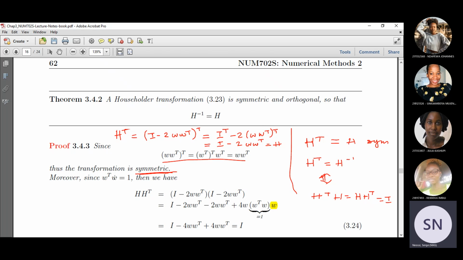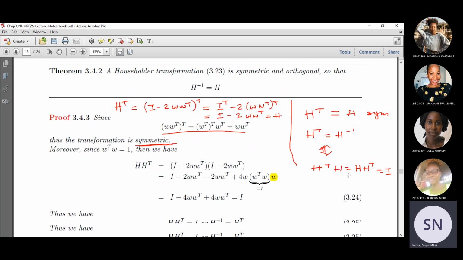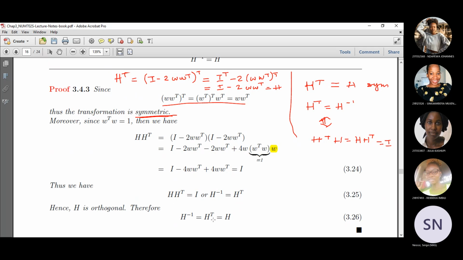Okay, now we are going to use the fact that W is a unit vector to show that H transpose H gives us identity. Obviously, you have to do it in the other direction too. So we take H, we multiply by its transpose. We know already that H, by definition, is this, which we put here. Now, times H transpose.